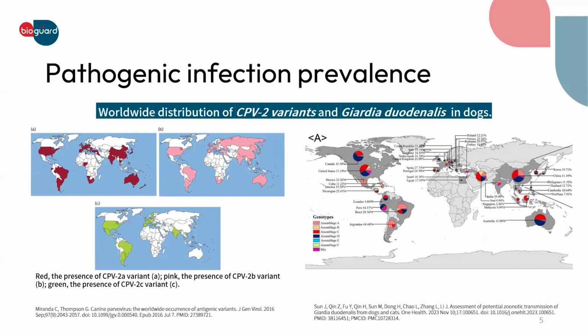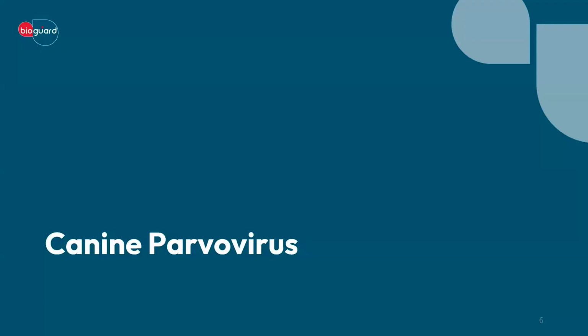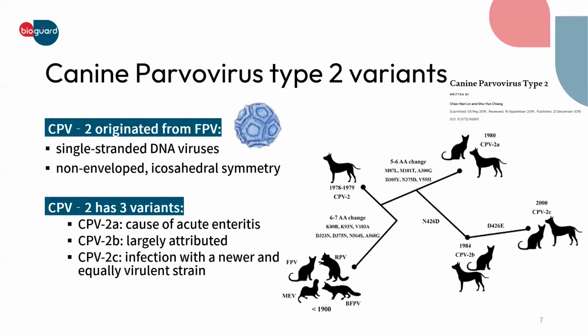So today we will learn more about parvovirus as well as Giardia, how they enter into the dog and how they cause problems in the dog. Because of their prevalence in the environment, and their very high survival rate, the frequency of dogs getting diarrhea from these pathogens is quite high. So let's first go into detail about canine parvovirus.